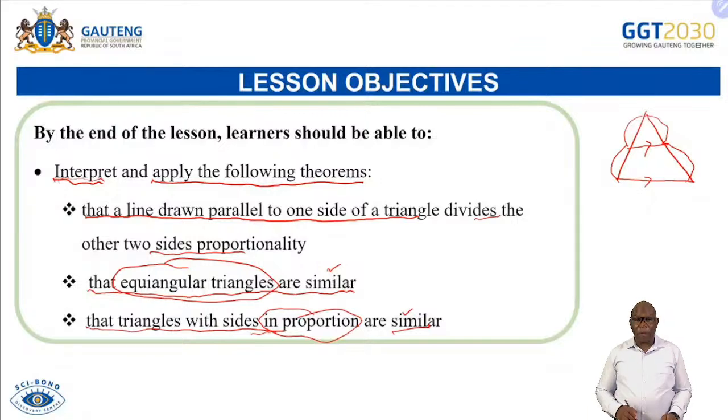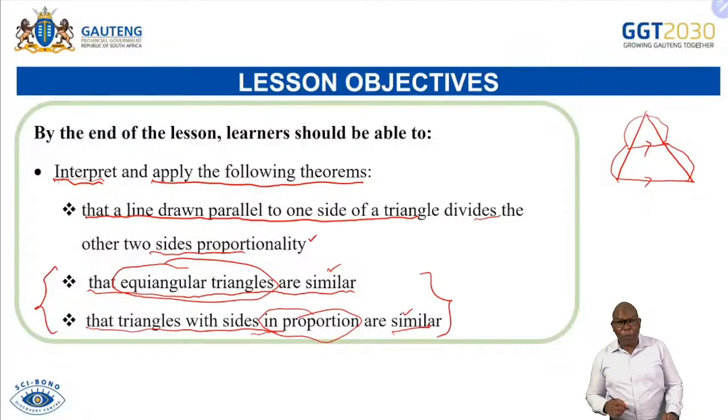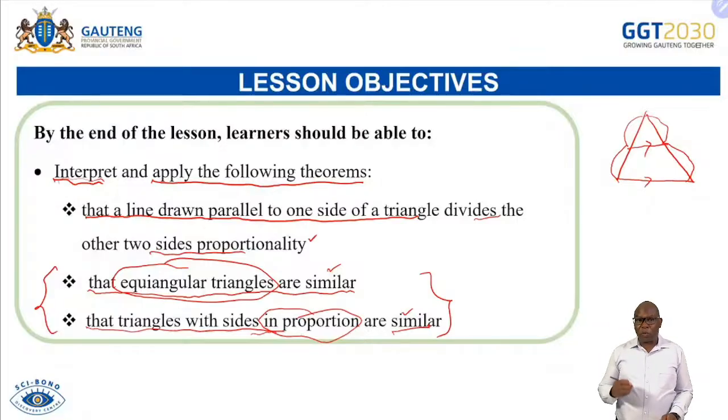There's two theorems, but these two here are one theorem because they talk to similarity, and this one talks to proportionality. We'll also put in the midpoint theorem, just one activity on midpoint theorem, so that you don't confuse the midpoint theorem and the proportionality theorem. The midpoint theorem is the one that was done in grade 10.